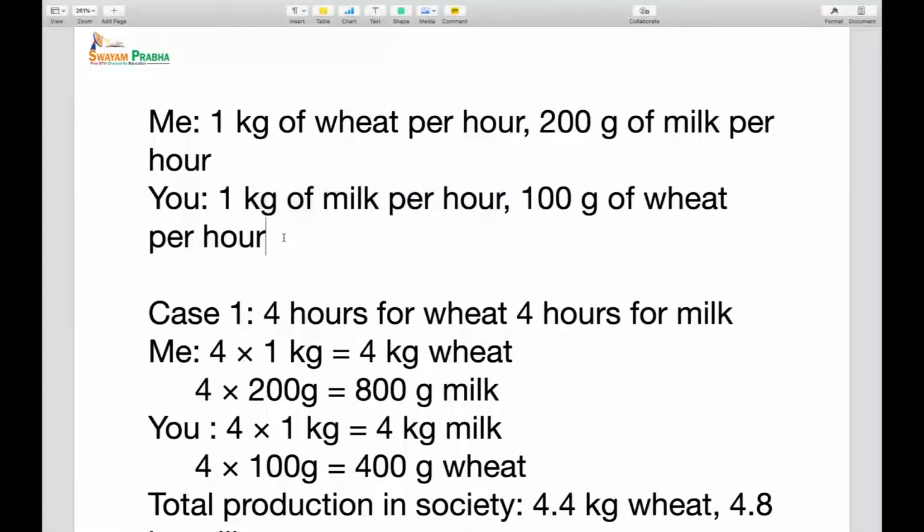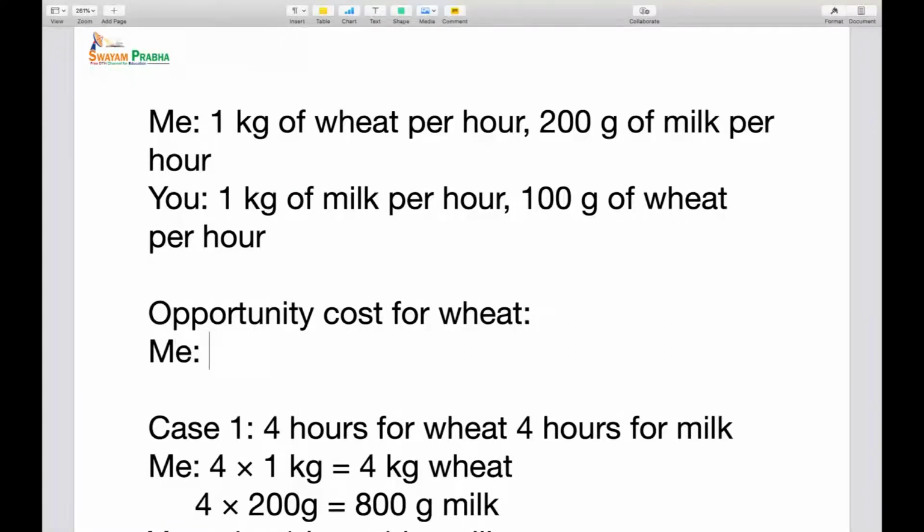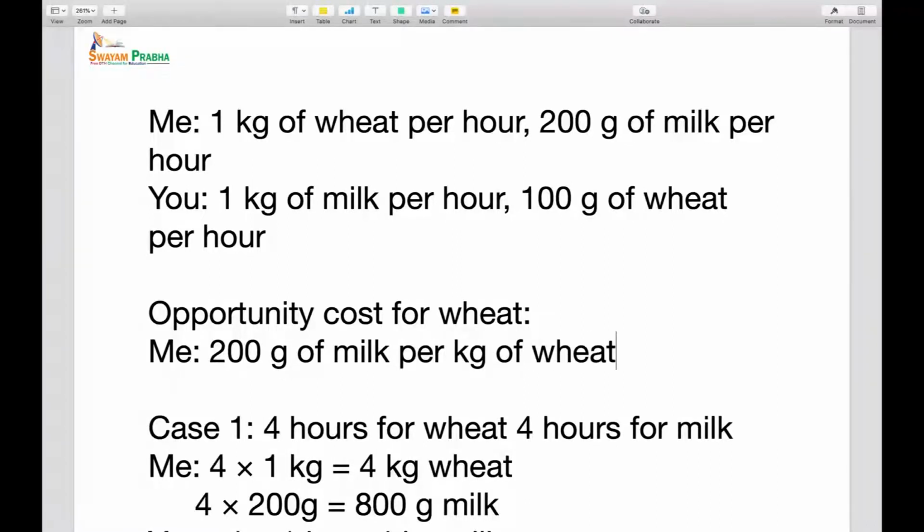Now let us look at the opportunity cost for wheat. For me, the opportunity cost of wheat is 200 grams of milk per kg of wheat.